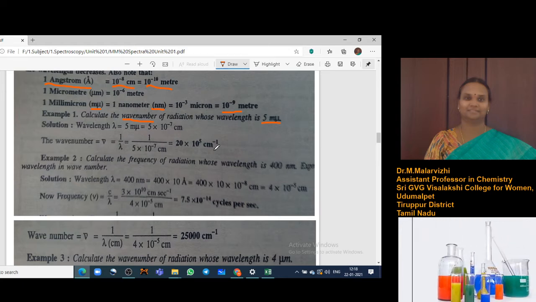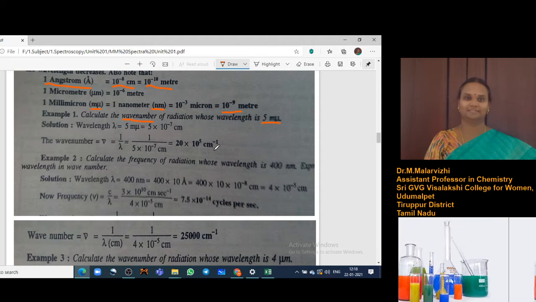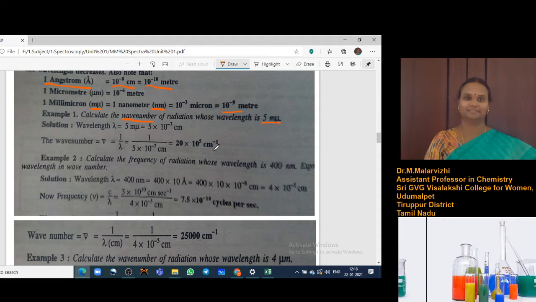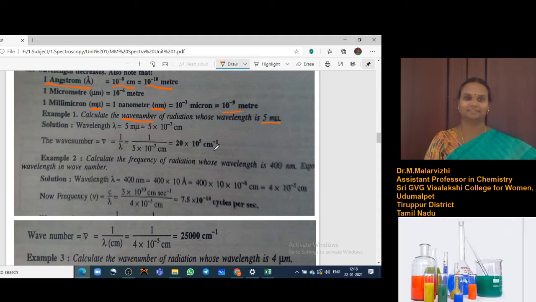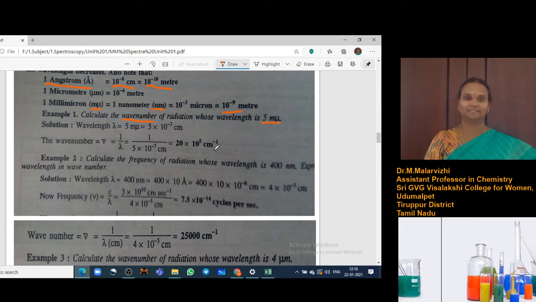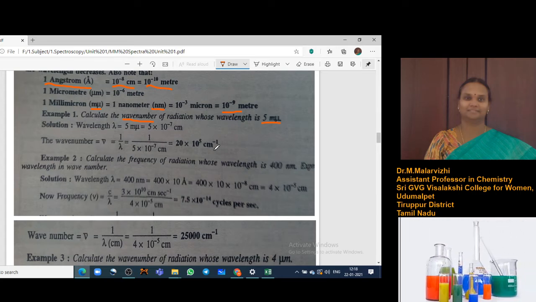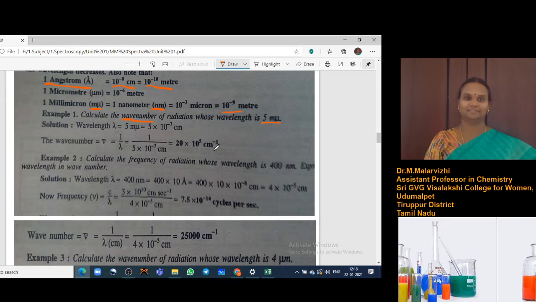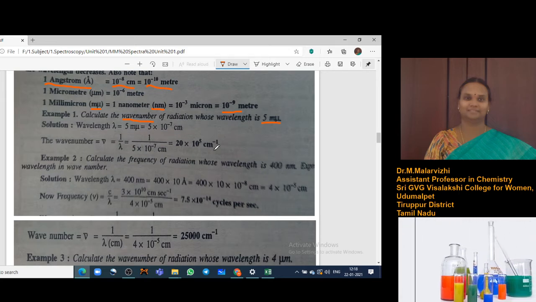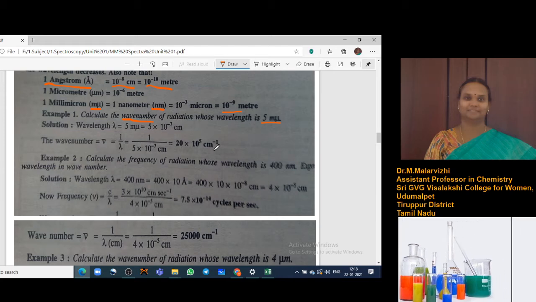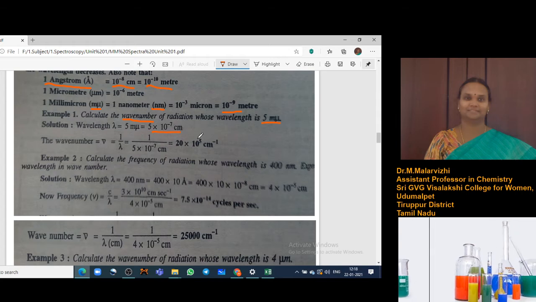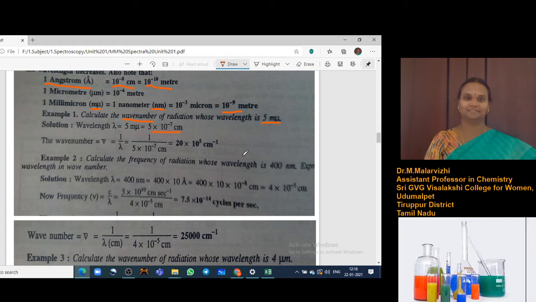Now the given wavelength is 5 millimicron. So the first thing is to convert that unit into centimeter. Wavelength lambda is equal to 5 millimicron, which converted into centimeter is 5 into 10 power minus 7 centimeter.